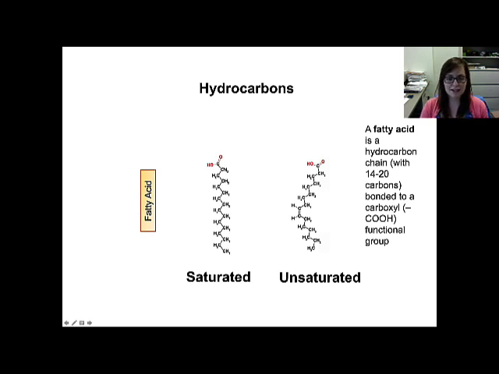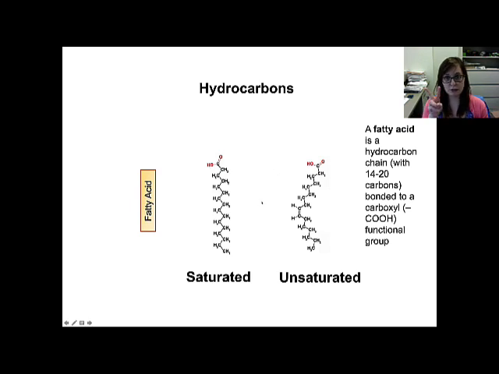So a fatty acid has a carbon-hydrogen backbone or tail, right? So it's a hydrocarbon, and it has anywhere from 14 to 20 carbons on average. So this can be a little bit longer or a little bit shorter, and at the end, it has a carboxyl group. So a carbon with its double bond to oxygen, and then the OH bound to that carbon.